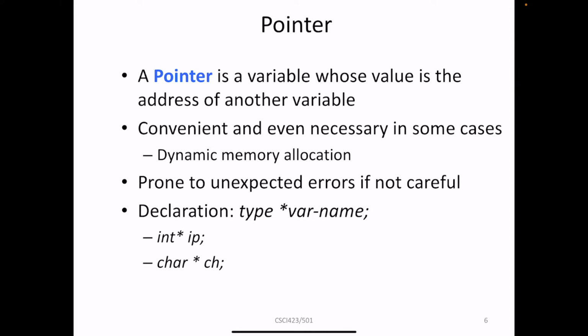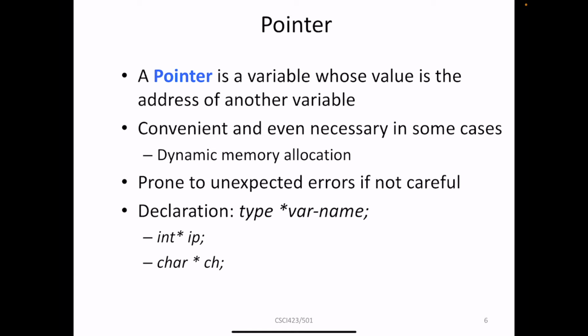So then you need to define a pointer type variable. And later, when the operating system assigns the memory space to your program, you can use the pointer variable to point to this memory space. So after you finish using them, don't forget to return them back to the operating system.